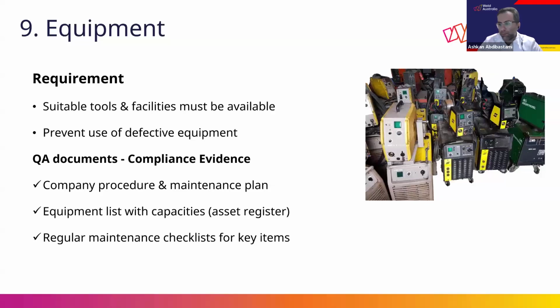Okay, so the equipment clause requires that suitable equipment and associated tools like power sources, wire feeders, inspection instruments, and rotators are available, because it's essential to have a system in place to prevent the use of faulty equipment. Compliance is demonstrated by a documented company procedure, a maintenance plan, an equipment list, and a maintenance checklist.